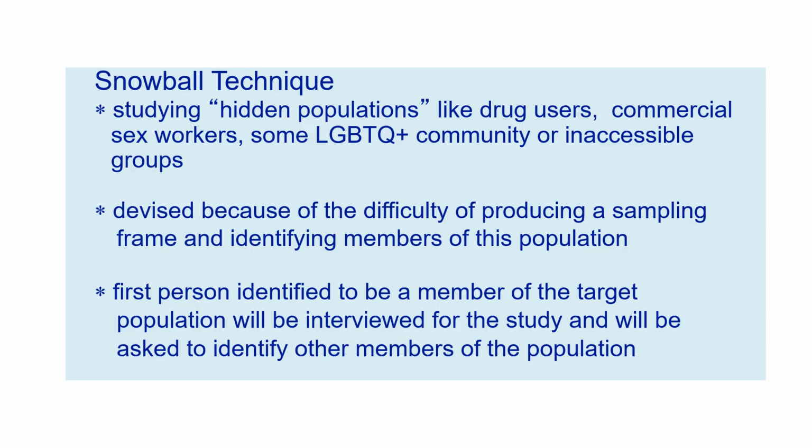It stems from the analogy of a snowball, which begins small but becomes bigger and bigger as it rolls downhill. That is why the first person identified to be a member of the target population will be interviewed for the study and will be asked to identify other members of the population.